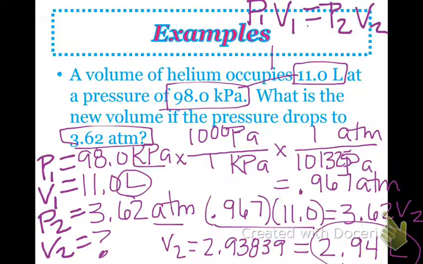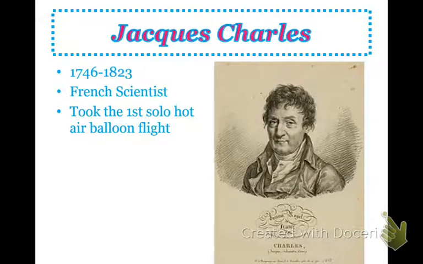Okay, so that is Boyle's law. Then we have a second scientist named Charles. Charles is pretty interesting. He was around from 1746 to 1823. He was a French scientist. He was kind of interesting because he was the first person to ever take the first solo hot air balloon flight.